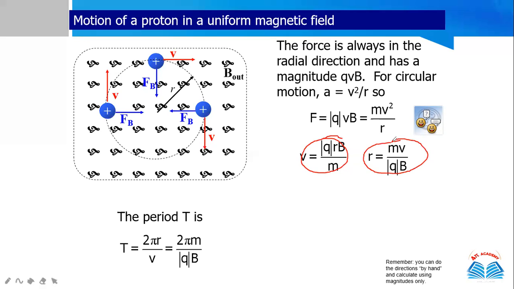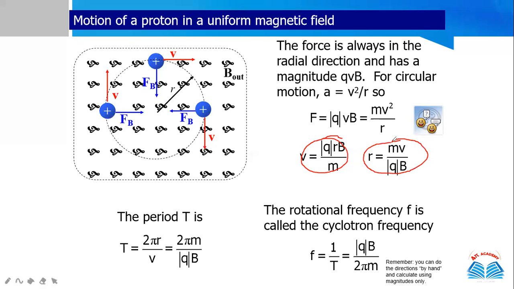So this is the case of a proton. The time period T, we know, equals 2 pi r over v, meaning distance over velocity. The distance is the circumference of that circle, so 2 pi r, and it will be equal to 2 pi m over qB. The rotational frequency we can also calculate, which is also called cyclotron frequency, and we'll study it later in this lecture.